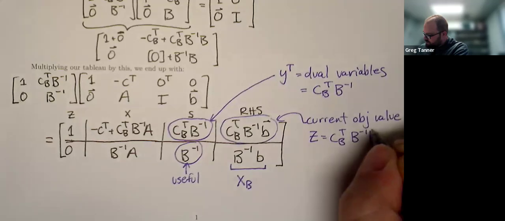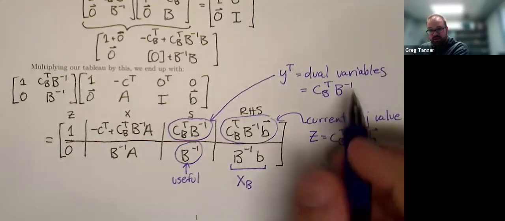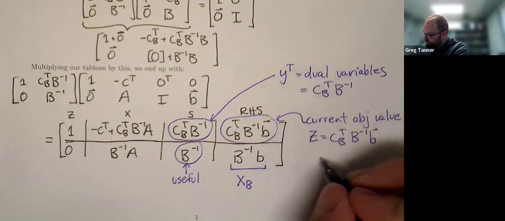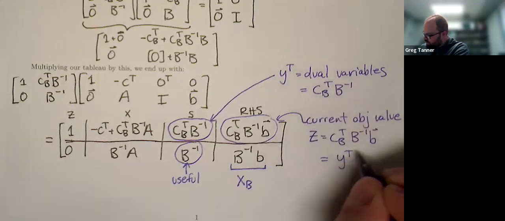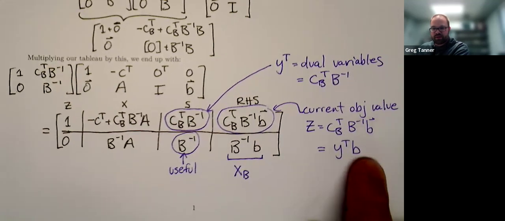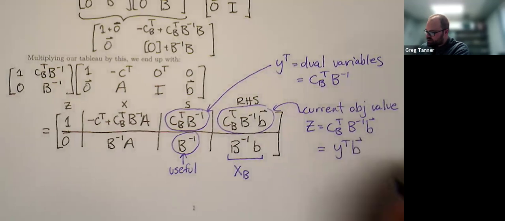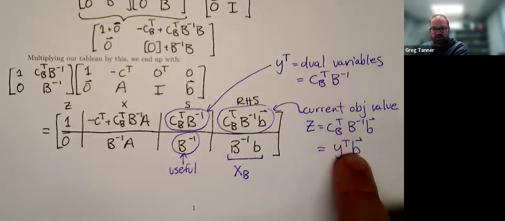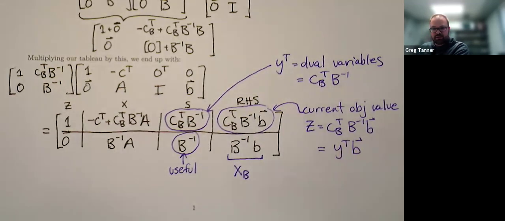But we just introduced the fact that we're calling this quantity here our Y transpose. And so we can think of this as also Y transpose B. So if we take these dual variables and multiply them by our original right-hand side, that gets us our current objective value.